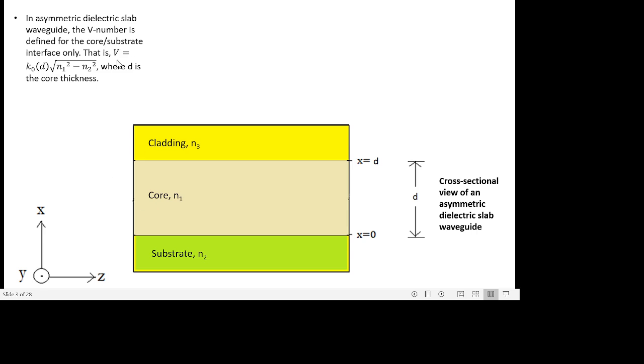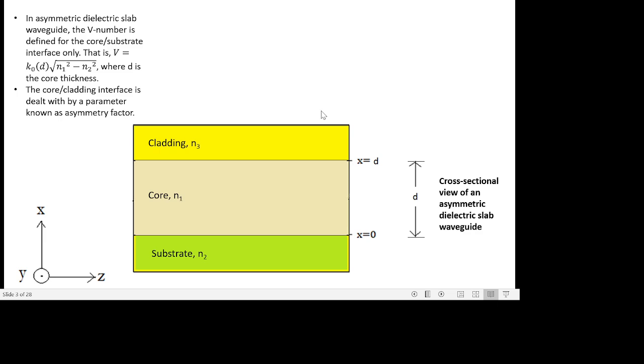As a result, the V number is going to be equal to this one. So what about the interface between the cladding layer and the core? This will be dealt with by another parameter known as the asymmetry factor.